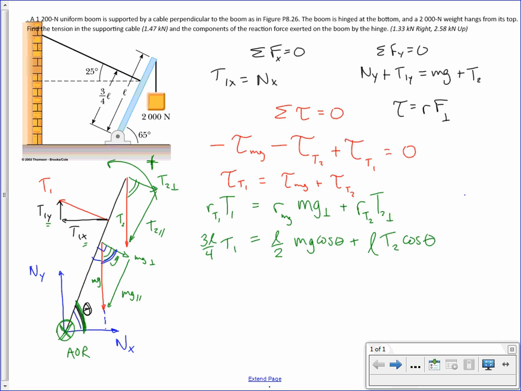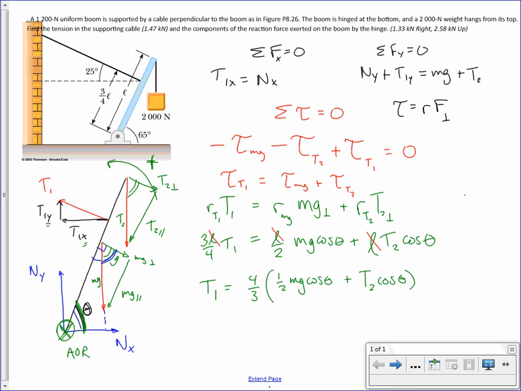Okay? Now we've got an L in every term. Drop it. And T1 is going to be 4/3 of 1/2 mg cos theta plus T2 cos theta.